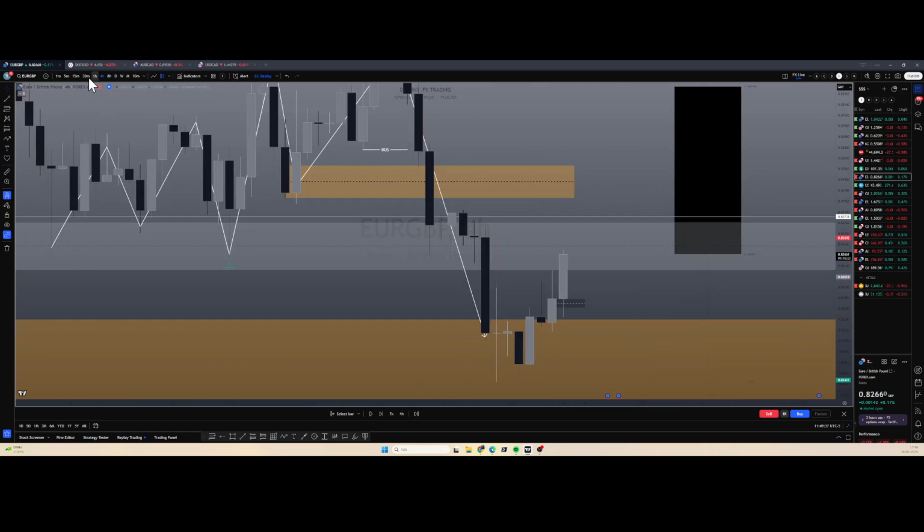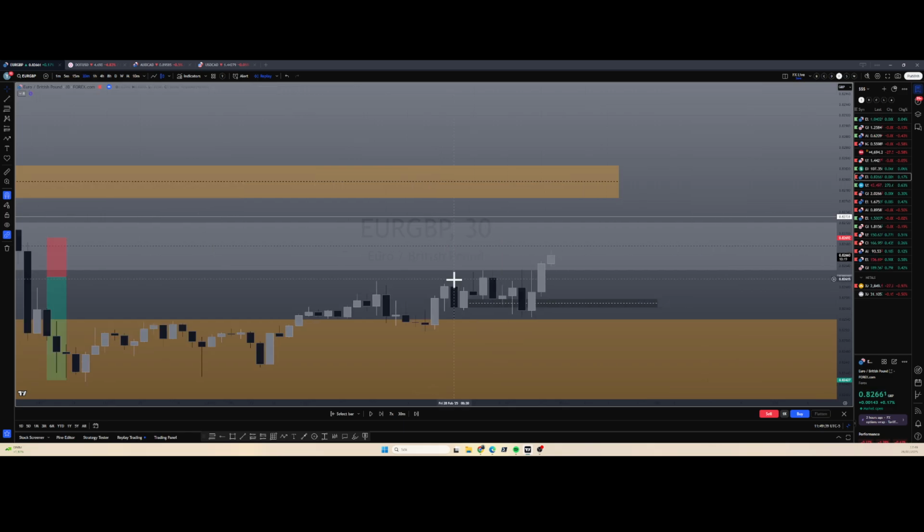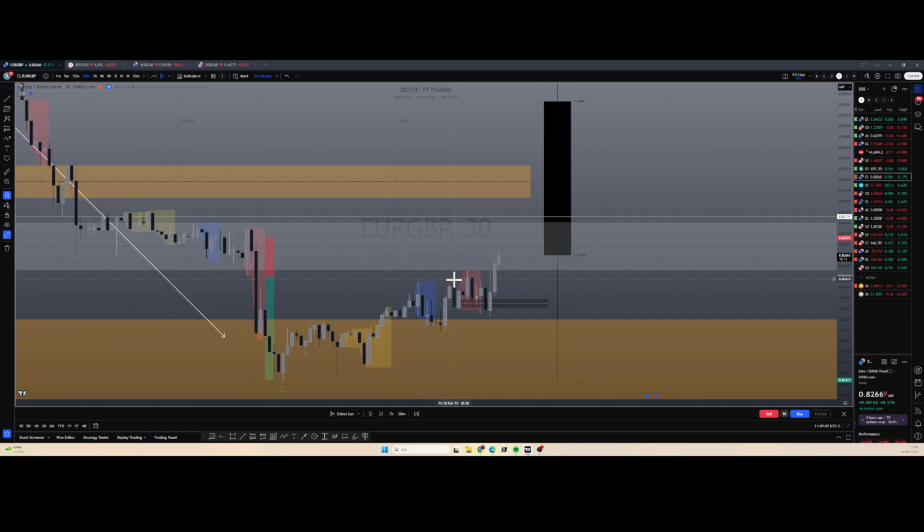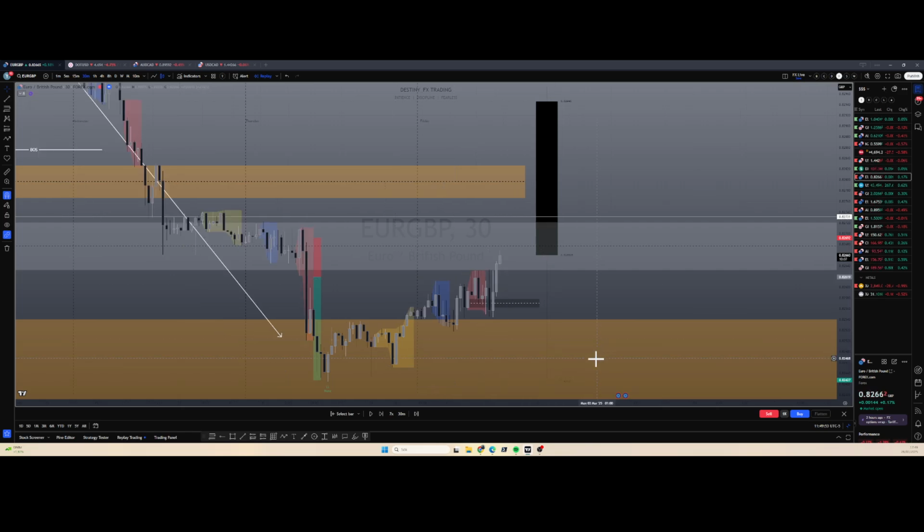So Euro GBP, what we can expect is, okay, we are in a higher time frame bearish trend. We did come back down to this orange area, our last demand zone, our last bullish order block, and we can anticipate some bullish momentum.